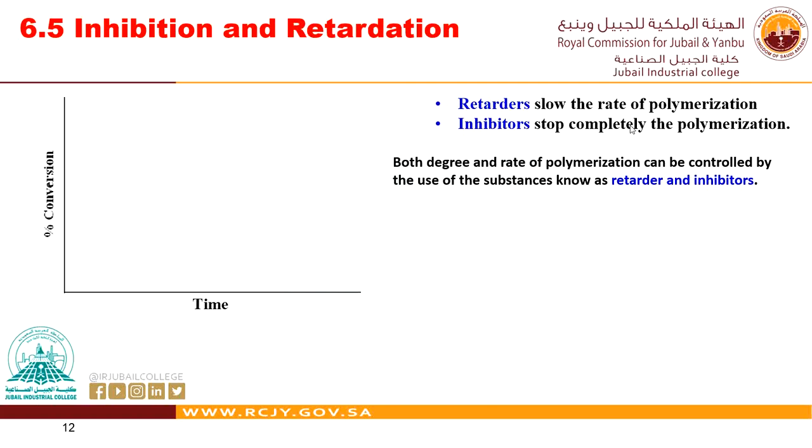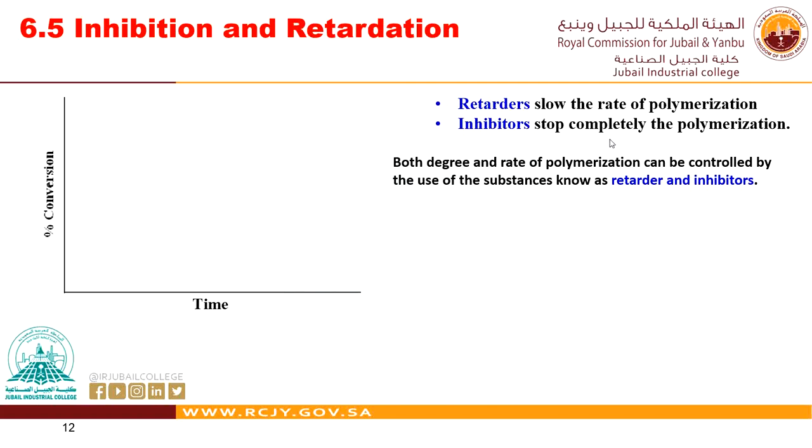So this is very important when it comes to transportation of the monomers. Some monomers are very reactive, and you have to add inhibitors. And in one of the experiments, you are going to produce polystyrene. The styrene you are going to use is also inhibited, because if you keep it for some time, it will undergo polymerization.